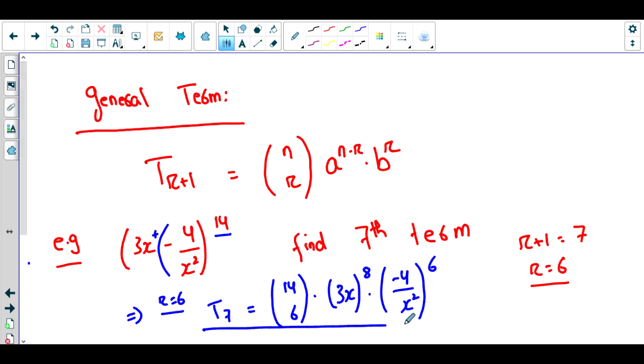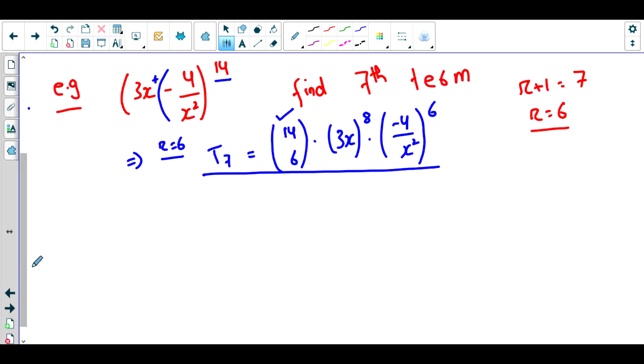Further you can simplify it, and even if you don't simplify it, it can be considered correct. But if we want to do the simplification, let us try. Let me check what is 14 C 6. It is 3003.